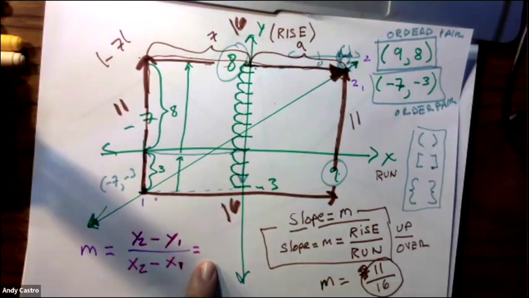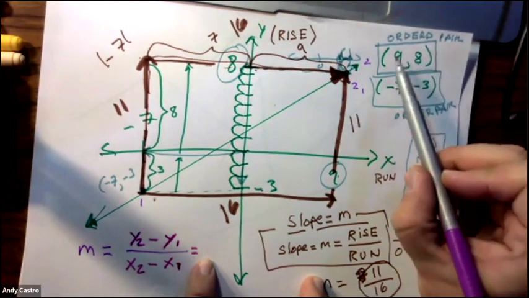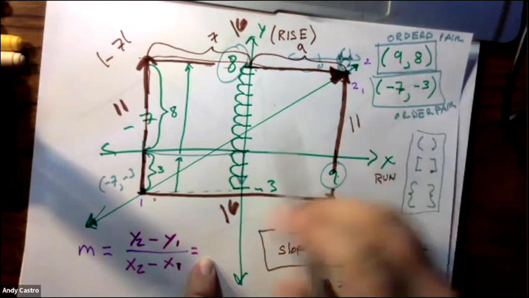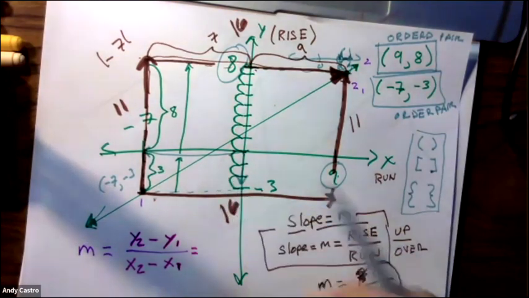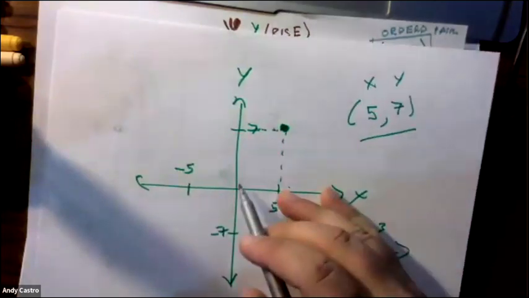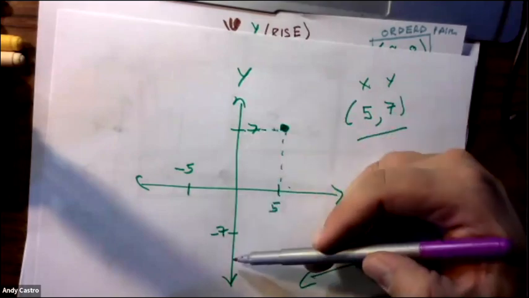What do I mean by y component and x component? So remember, each ordered pair has an x and a y, right? Something for the x-axis and the y-axis.